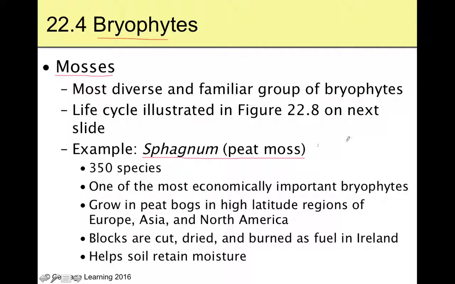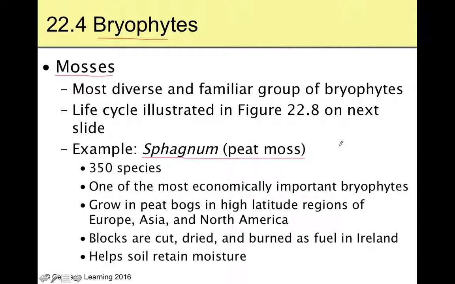I just bought like 2 pounds of this from the greenhouse for our plants in the lab. Sphagnum moss absorbs a ton of water, and you can buy it as a soil treatment, mix it into your potted plant soils, and then you don't have to water your plants as often because that sphagnum just soaks up water like a sponge.